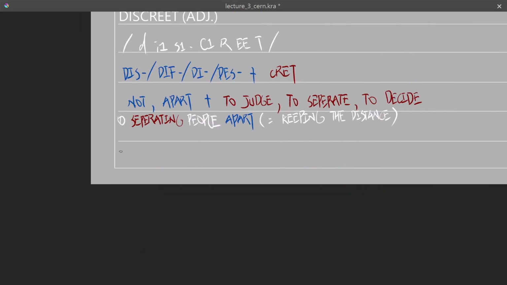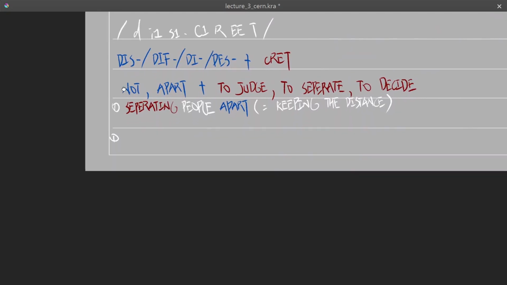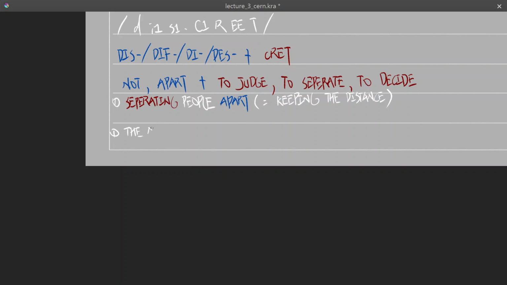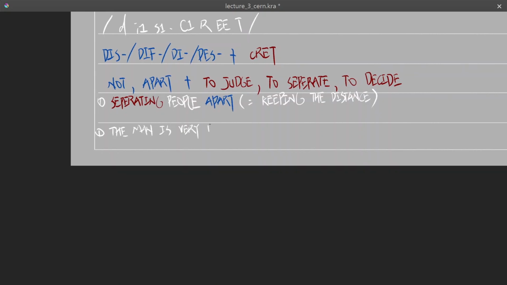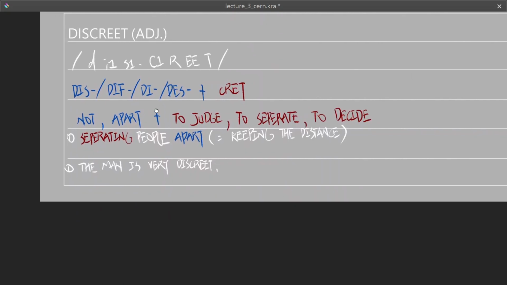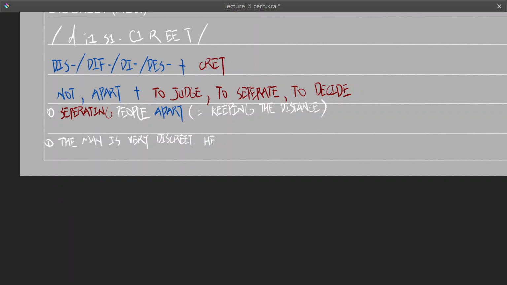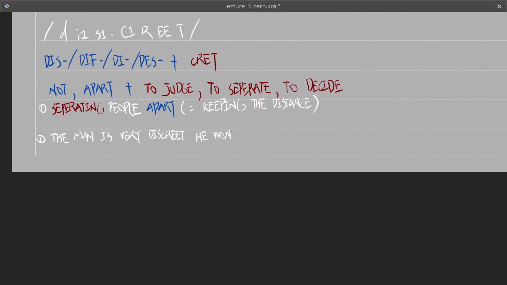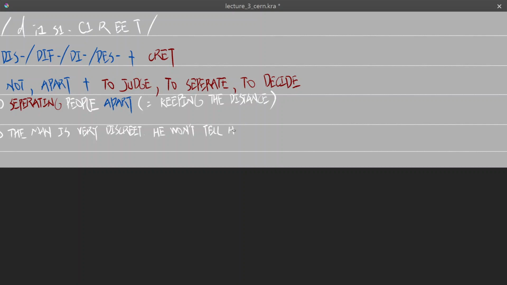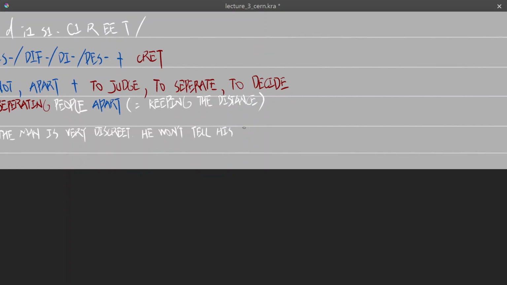So, for example, the man is very discreet. He won't tell his secret to others.